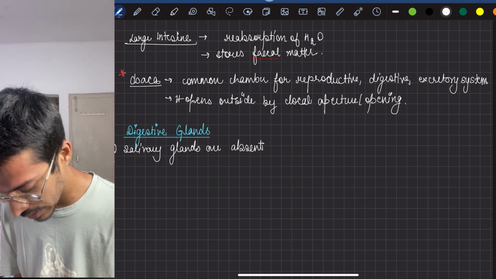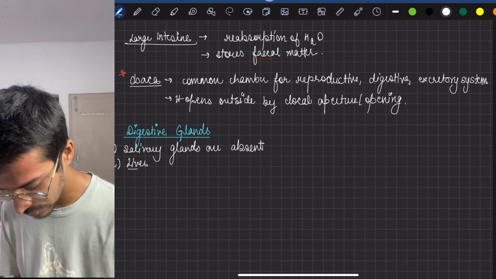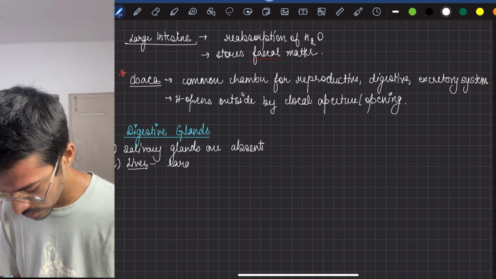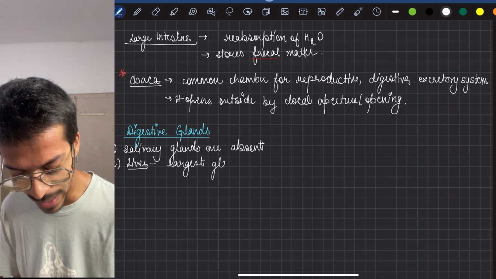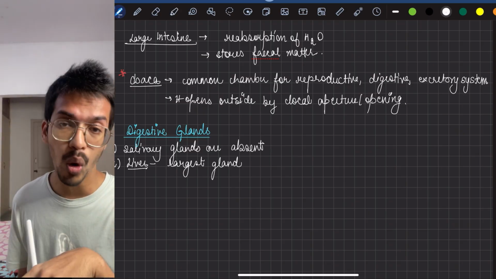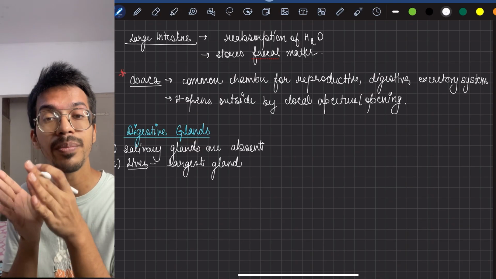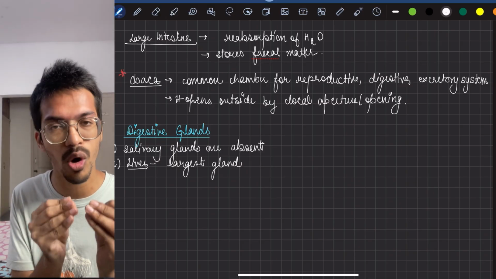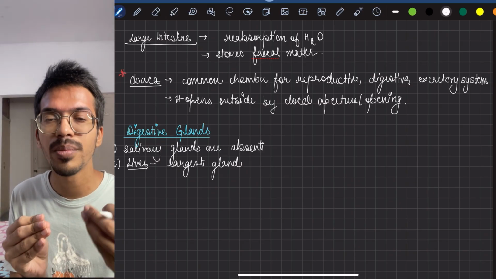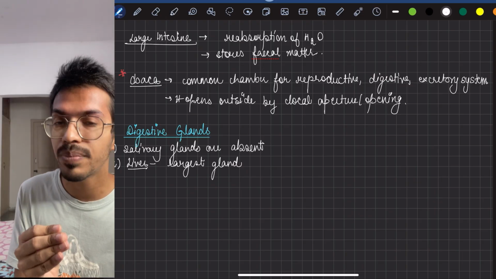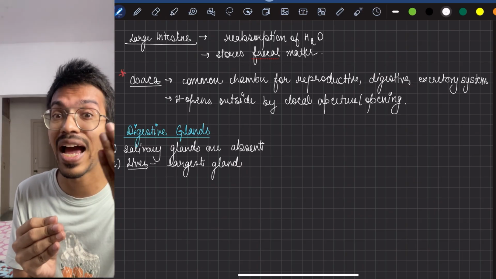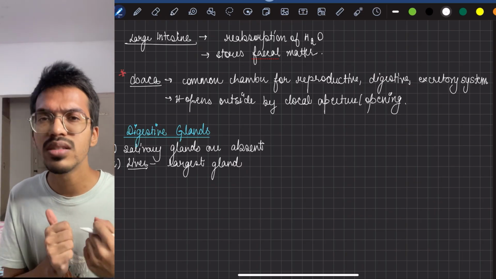Next, the liver. It is the largest gland and it produces bile, which is stored in the gallbladder and released when needed. What does the bile do? It helps in breaking down fats into smaller parts so that they can later be digested by the lipase enzyme and finally be taken up.